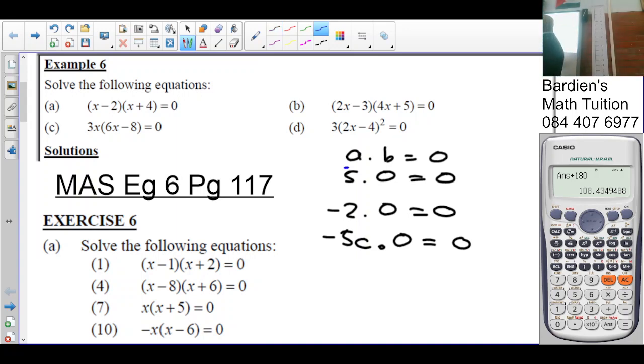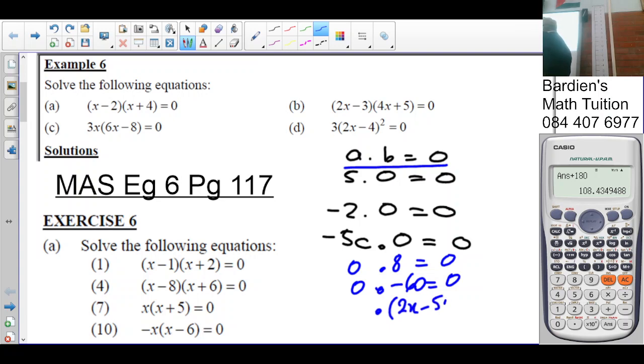On the other hand, if b was 8, what must a be to give you 0? 0. If b was negative 60, what must a be to give you 0? 0. And if b was 2x minus 5y squared, what must a be for that to give you 0?